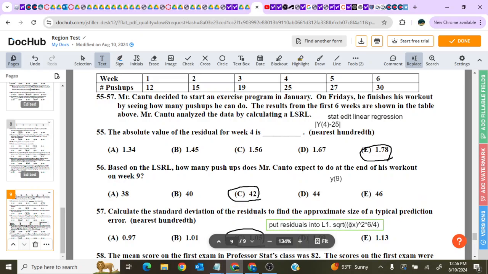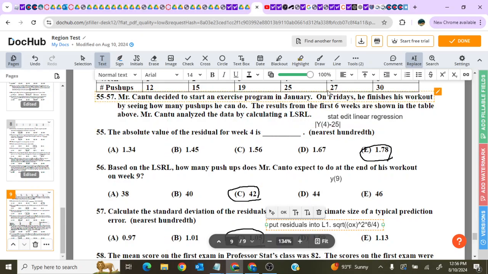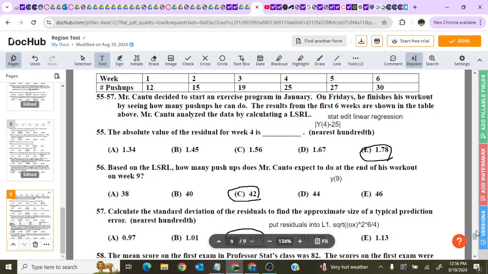So normally your standard deviation is calculated by doing a bunch of stuff with this and then dividing by 6. Now we need it to divide by 4, and then you square root that. So now we need to counteract that, so square it again, multiply it by 6 and divide by 4 to change it from being divided by 6 to being divided by 4, and then take the square root of that back, and you will get a value of 1.05.